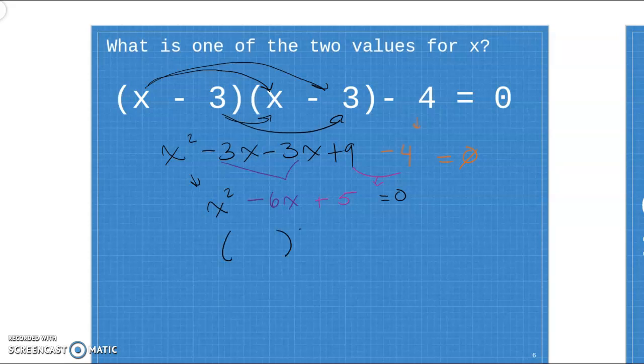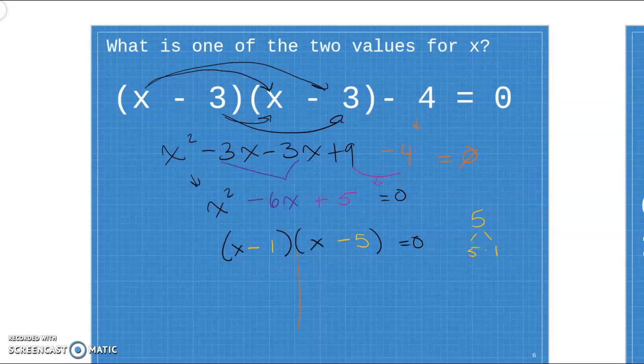And now I can actually factor it out. So the factors of 5 are going to be 5 and 1. So I know I'm dealing with x's in the front here. And since this right here is -6 and this is a +5, meaning that the numbers inside of my parentheses are going to both be negative. So I have the only factors of 5, 5 and 1, which give me 6. -5 plus a -1 does in fact give me a -6.